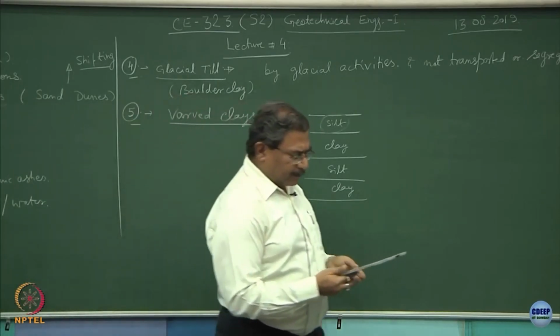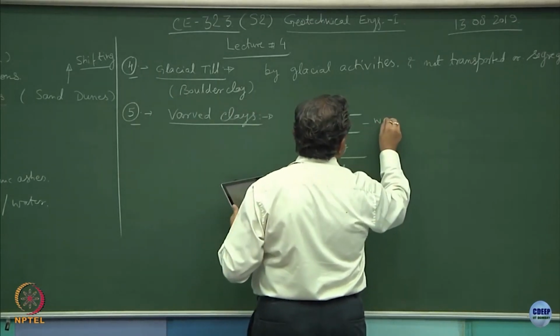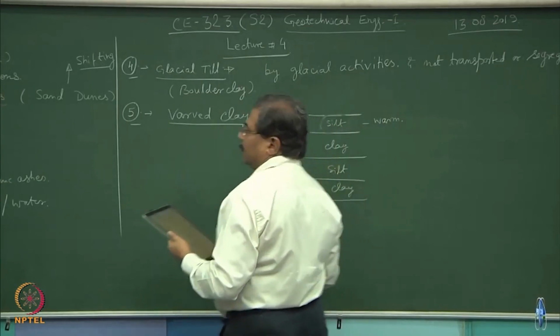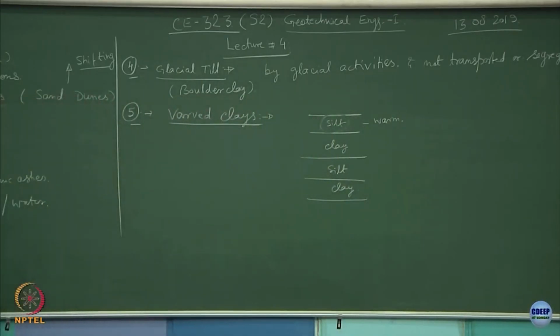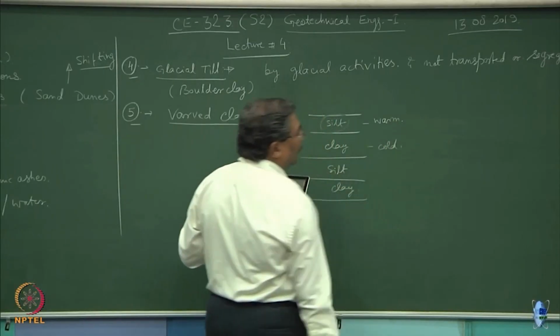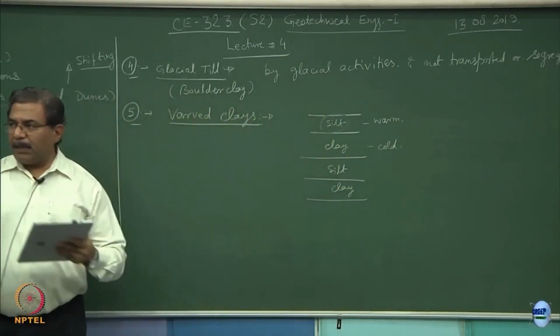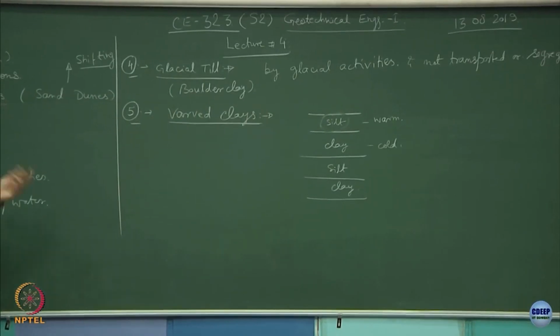Now, it so happens that whenever there is warm weather, silt gets deposited, and whenever there is cold weather, clay gets deposited. So, every 6 months, when the weather changes, the deposition pattern also changes.